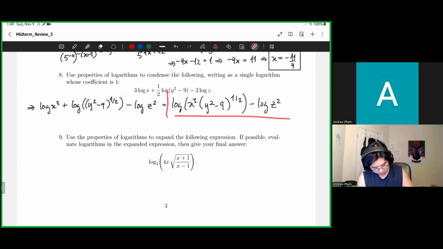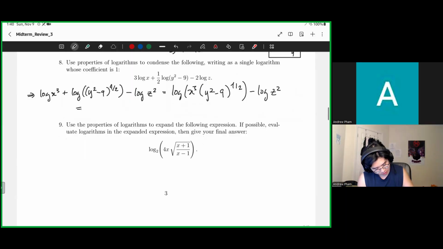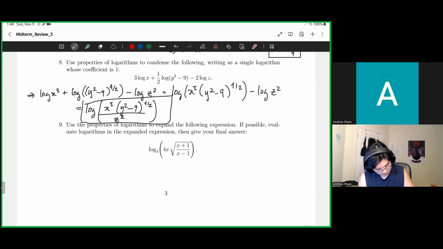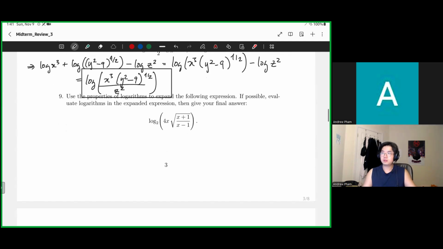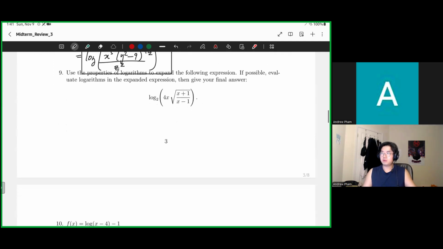And now smush these two together using the quotient rule to get log of x cubed y squared minus 9 to the 1/2 over z squared. And there we go.